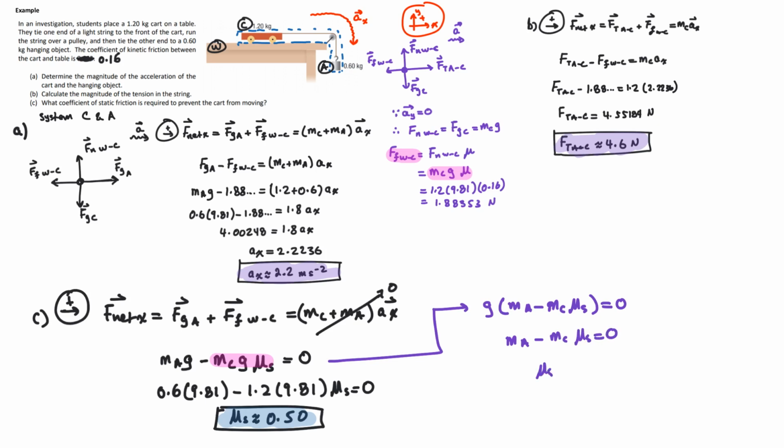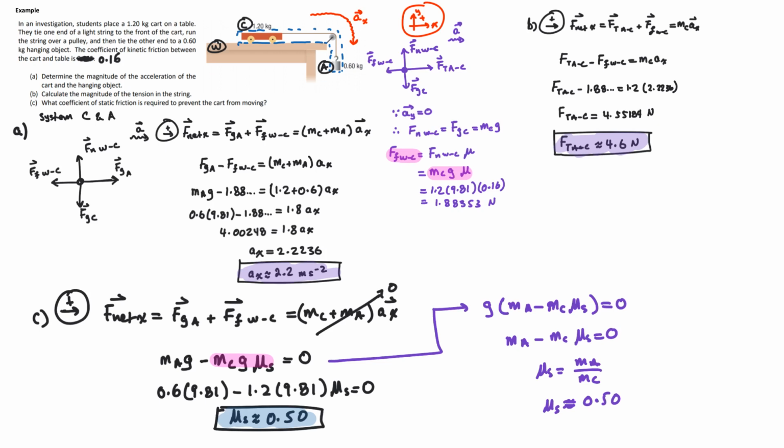Rearrange for mu s, and I would have gotten mA over mC, and if I plugged in the values, I would have gotten 0.5, approximately 0.50 to two significant figures. So again, different methods of doing it, and they would yield the exact same answer.